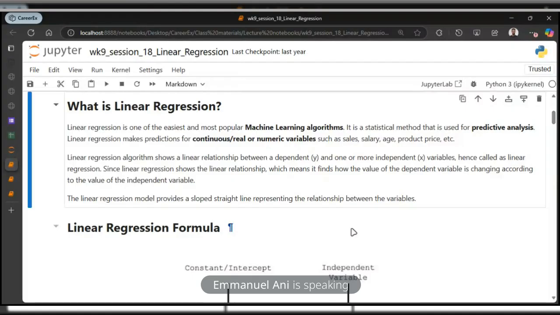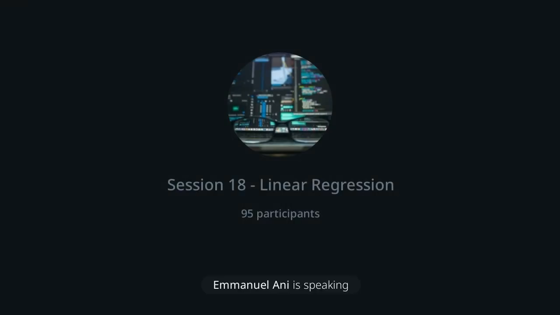All right, so I'm going to be explaining what these things mean, breaking it down for us to have an understanding. All right, so linear regression, first of all, it's an algorithm, basically. It's a machine learning algorithm, and we're going to look at what this algorithm is used for.